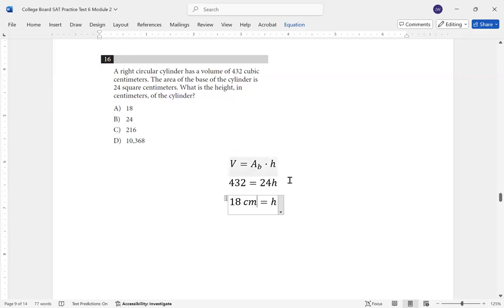Now, this took me knowing a little bit something about a cylinder in general. So the volume of a cylinder in general is area of the base times the height. If I didn't know that, I could still do this problem using the formula that we have on the cheat sheet part of practice test 6.